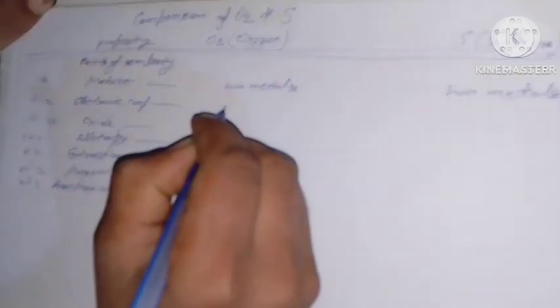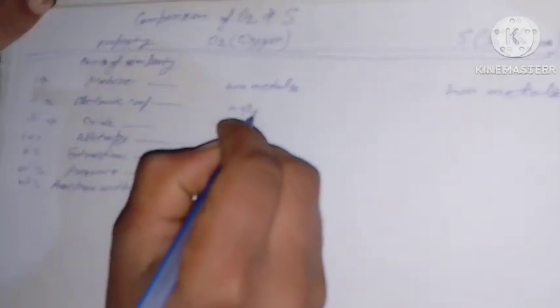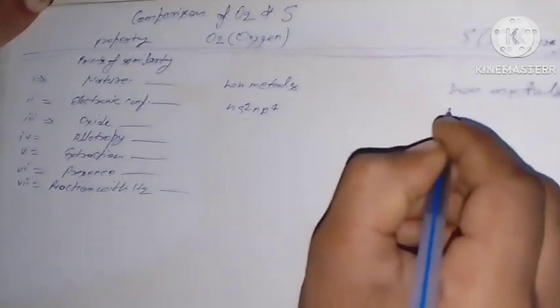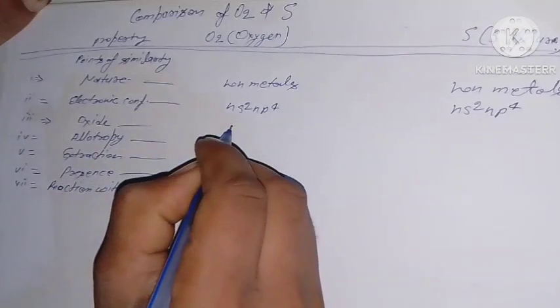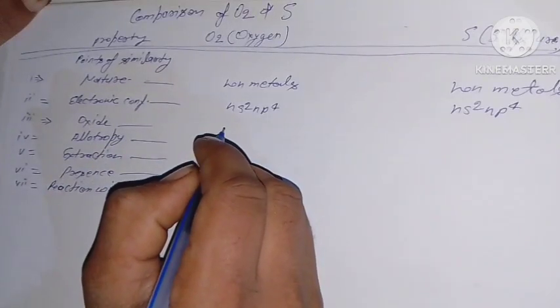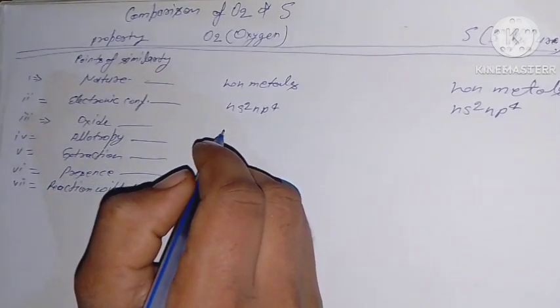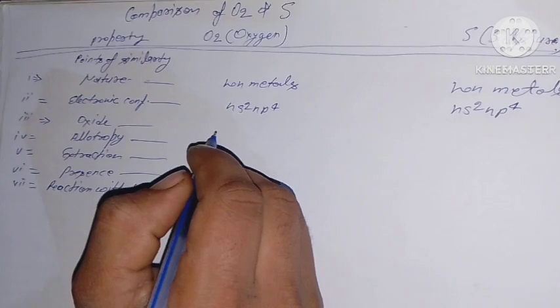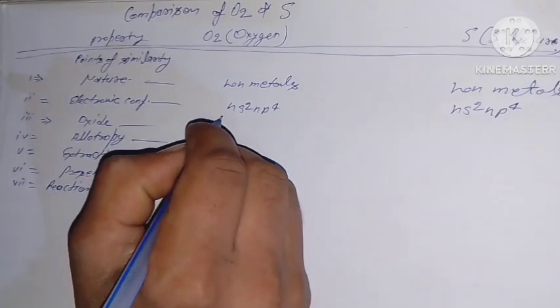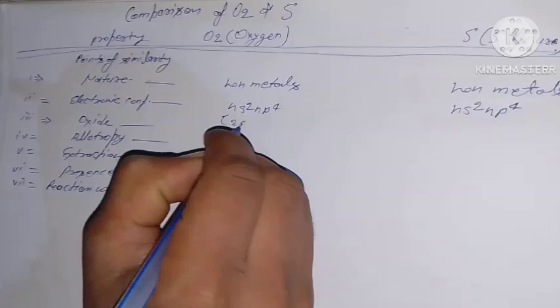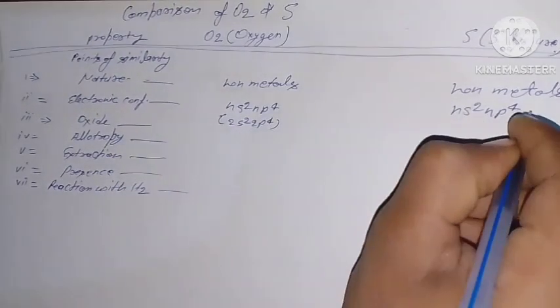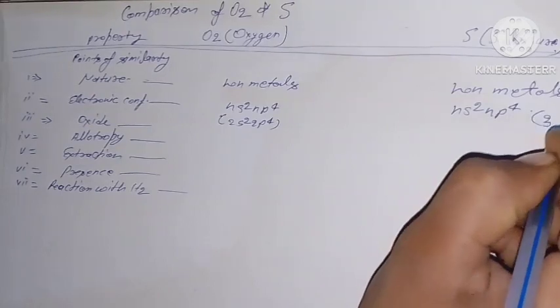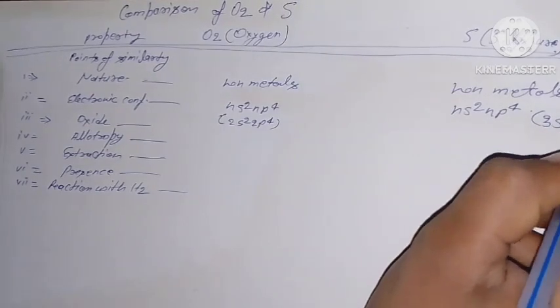Second point, electronic configuration: ns2 np4, that means 2s2 2p4 and 3s2 3p4.